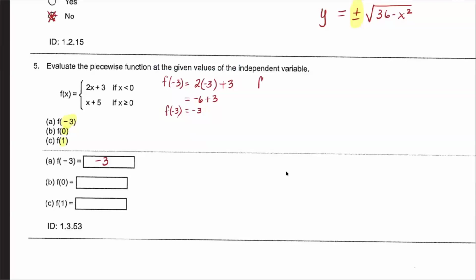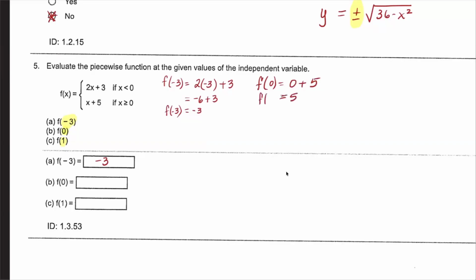Then for f of 0, the piecewise function says if x is greater than or equal to 0, right, greater than right here or equal to 0, we use the second function, x plus 5. So we have 0 plus 5, which is simply equal to 5.